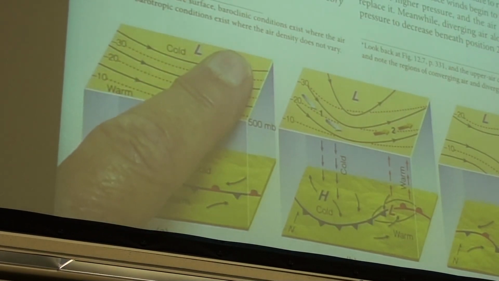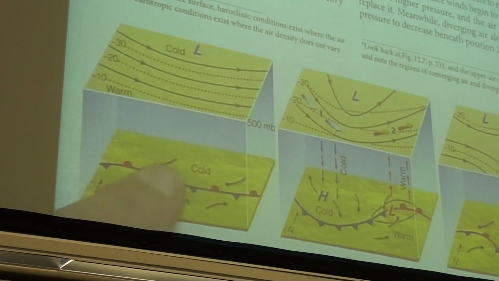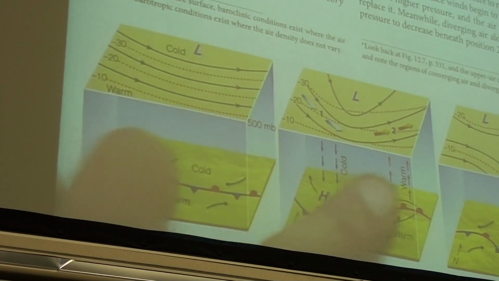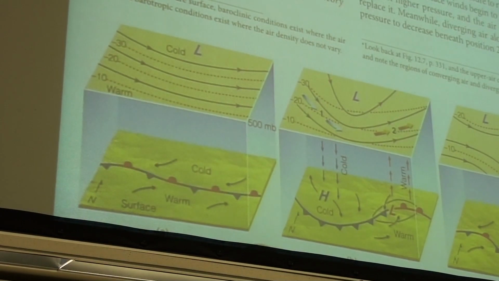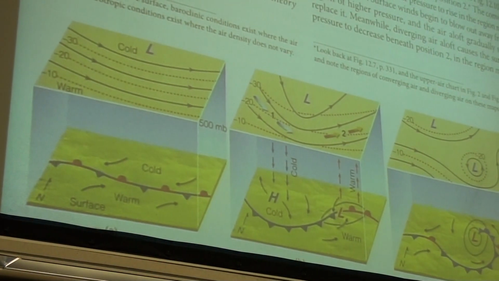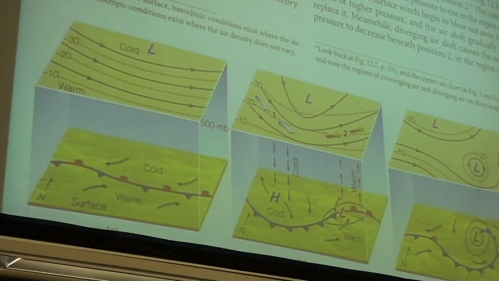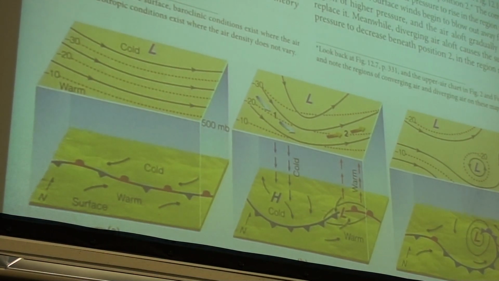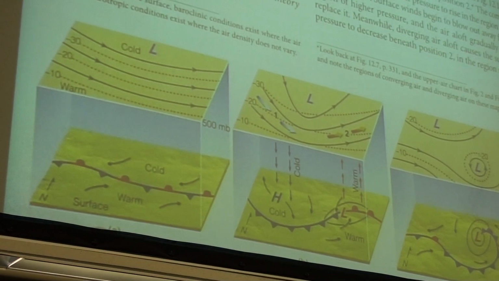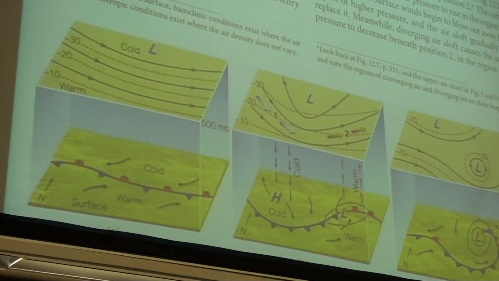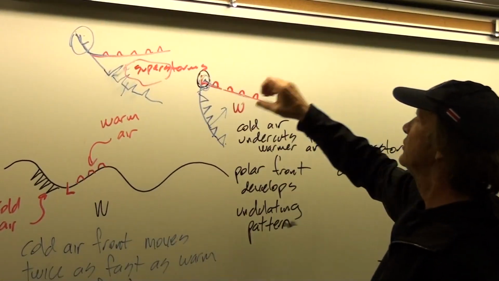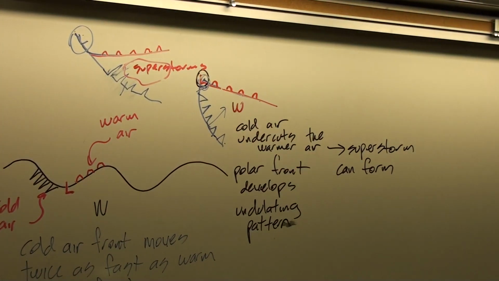Well, a lot of times the rising of warm air will be associated with a low pressure region that is at altitude. And so sometimes that can come from the jet stream. The jet stream, the polar jet, happens to be moving right over this region. Then that can help to draw air up and make your superstorm more potent.